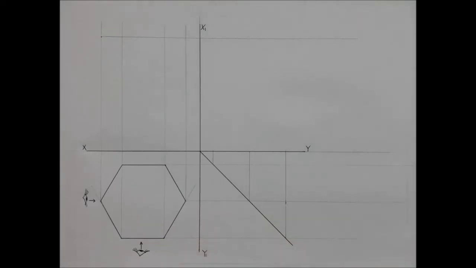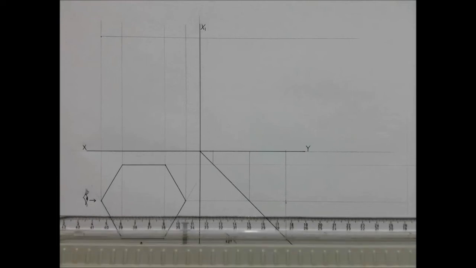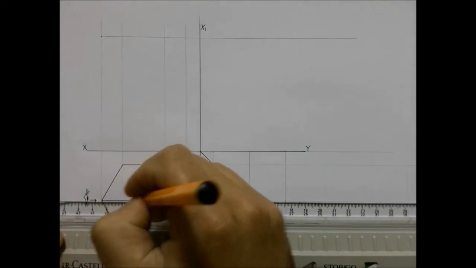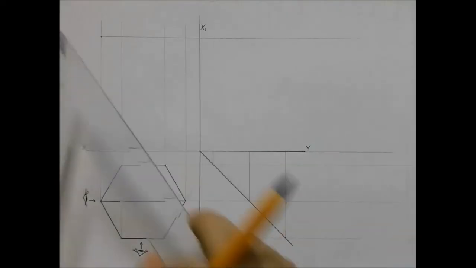Alright, now I'm dealing with a pyramid, so obviously my hexagon on my top view isn't going to be correct. If I may, I'm going to go ahead and connect all the opposite angles to one another.